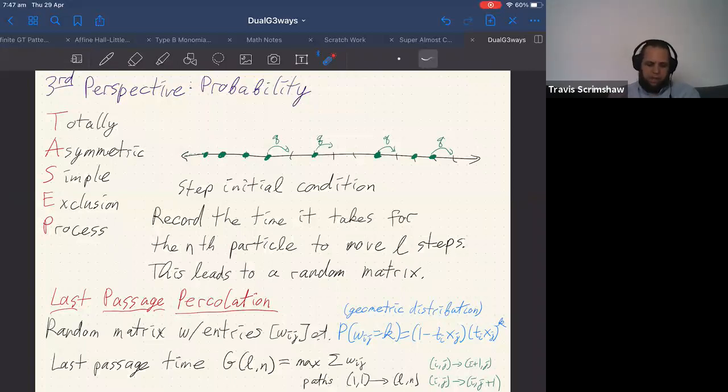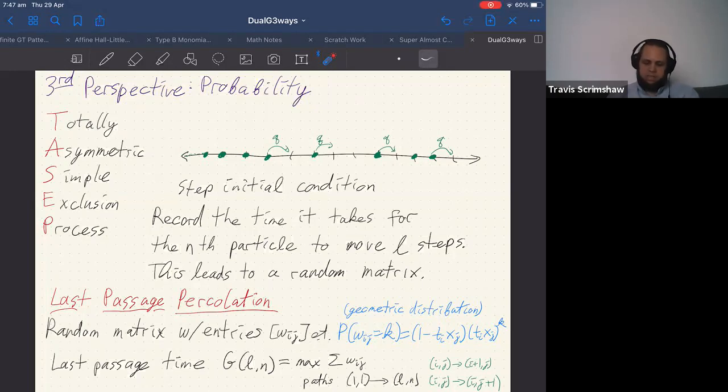And this last passage percolation, you could think of as being a generalization of this, where I'm going to take a random matrix where the entries of this matrix are going to be given by random variables that have a geometric distribution. So what that means is it will be equal to a non-negative integer k, with probability (1 - t_i x_j)(t_i x_j)^k.